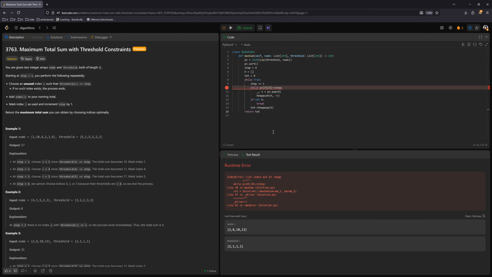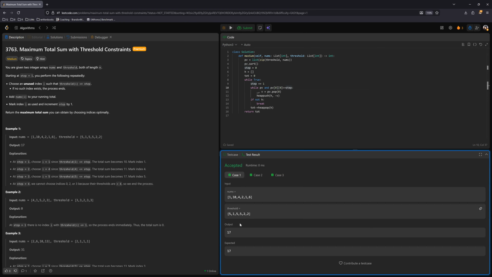List index out of range. Oh, that's interesting. Yeah. While PV and, well, all right then.